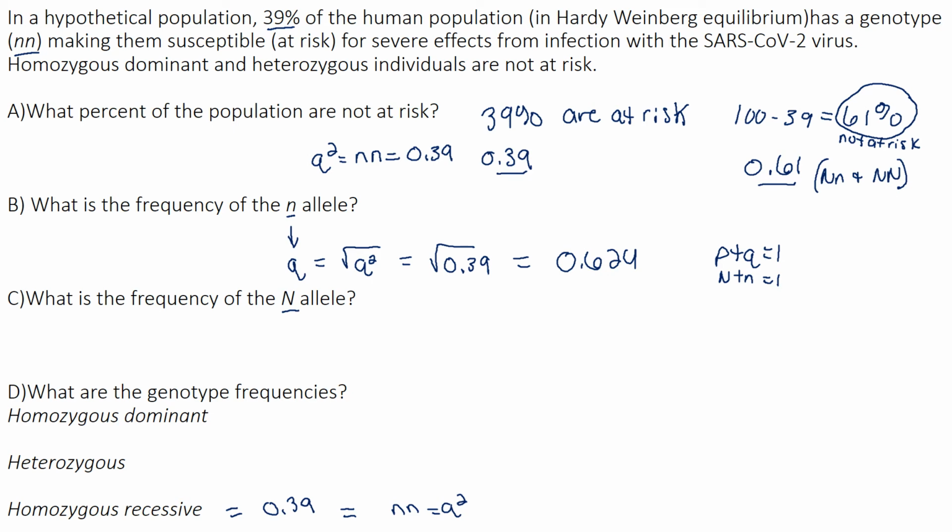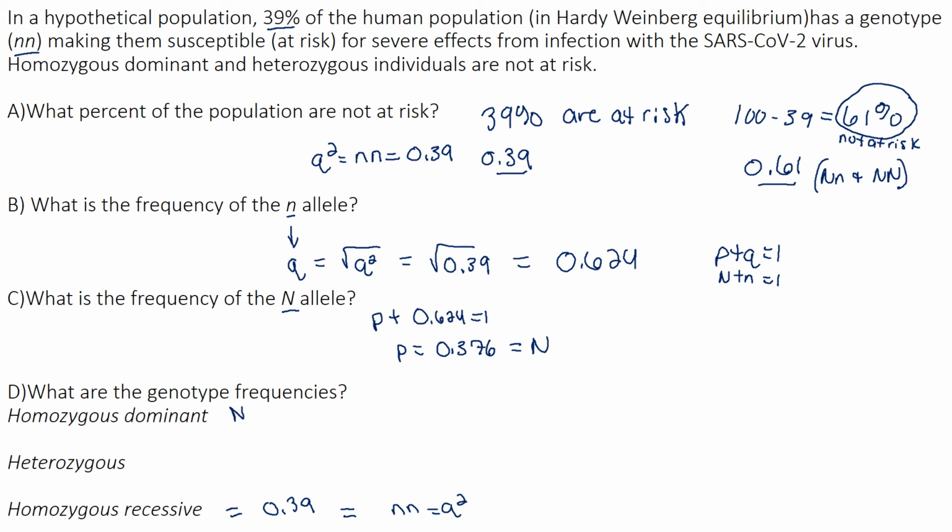So we take p plus q, which is 0.624, equals 1. So 1 minus 0.624 is going to equal, so p equals 0.376. So that's big N.